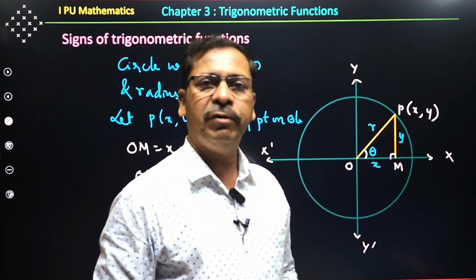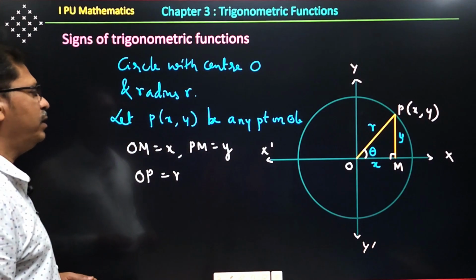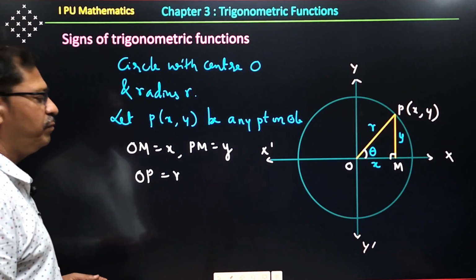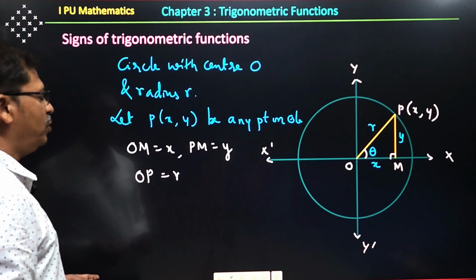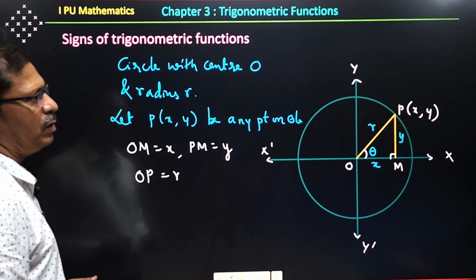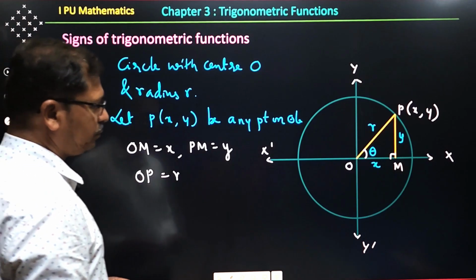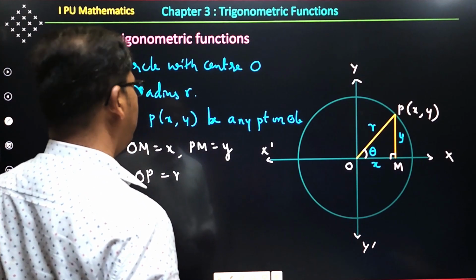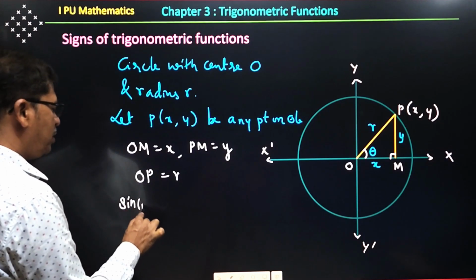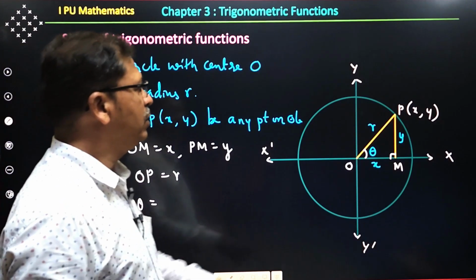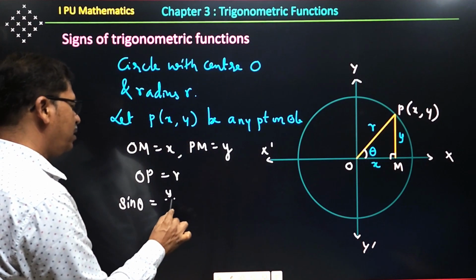Now how can we define the trigonometric ratios? The six trigonometric ratios can be defined in this manner. Sin theta is equal to opposite side divided by hypotenuse, as you know already, so sin theta is y divided by r.